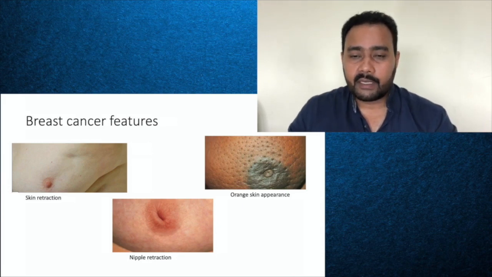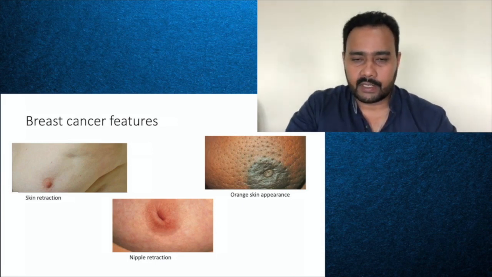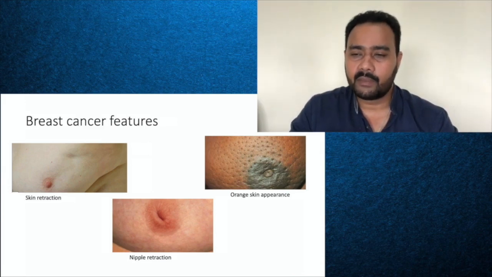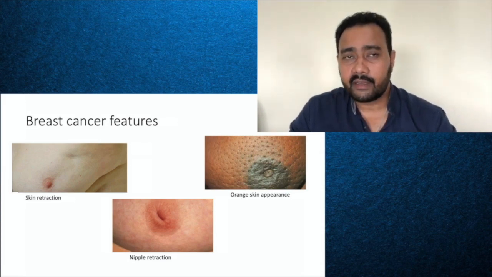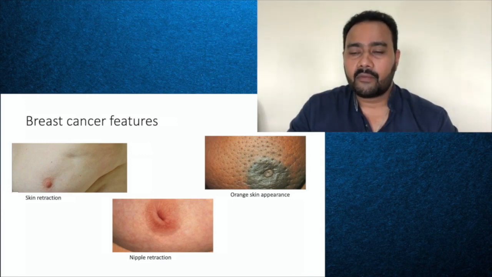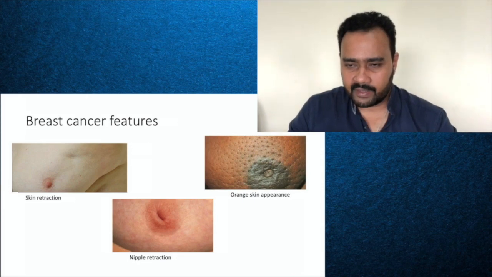Second one, the lymphatics. The second important structure in the breast you have to remember is the lymphatics. Whenever there is infiltration of the lymphatics, people develop lymphedema in the breast, because of infiltration of the breast cancer into the lymphatics. Then people will develop this kind of feature. What is the appearance? You can see in this picture.